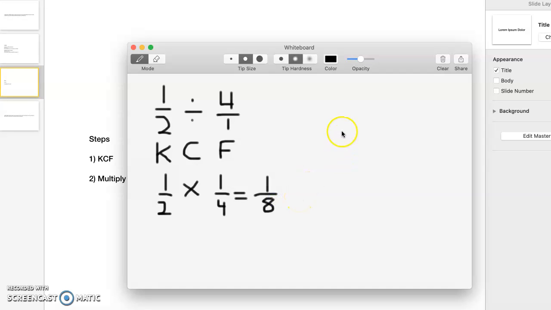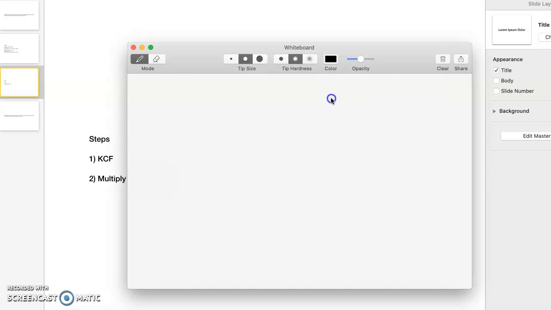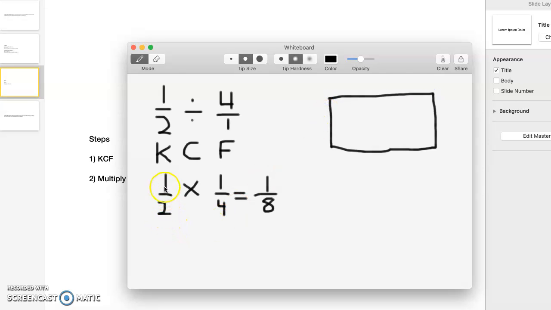For the students who are visual learners, let's draw a model. So let's say I draw this rectangle over here. Now our first fraction is 1/2. So this 2 means we're going to cut this rectangle in half. This 1 means we're only going to shade in one part.